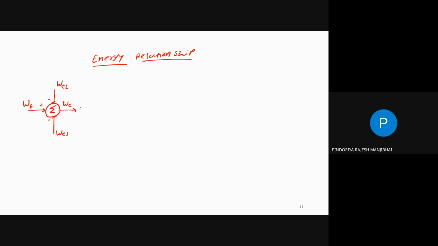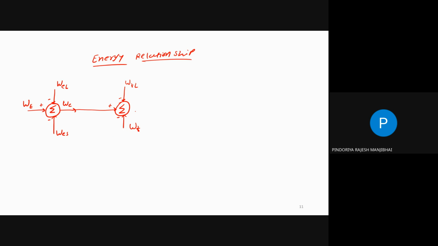So this electrical input is going to the coupling system. So one input, this is positive. Losses, WFL, there are field losses. Losses means there is a negative sign. And WF, field storage energy.